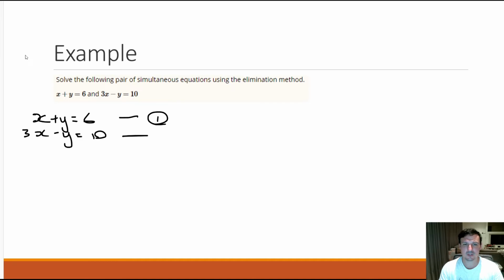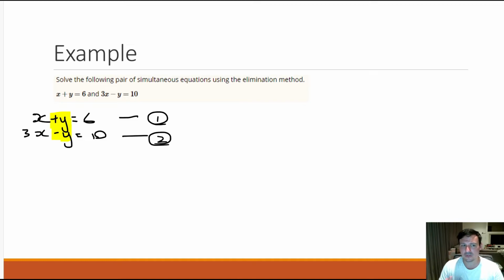I'm going to call this equation 1 and this equation 2. What I'm looking for first is something that has the same magnitude, either x's or y's. What I notice here is with the y's, they both have 1 in front of them. So one's positive 1y and one's negative 1y. So I know they have the same magnitude.